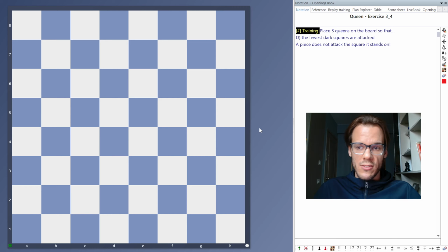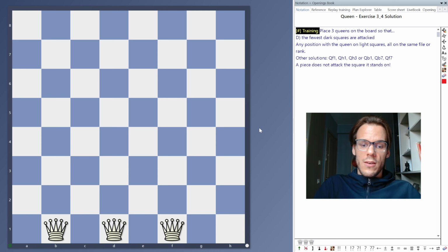In this case, we are going to place the queens on the opposite color. So something like queen b1, queen d1, queen f1. Other solutions are queen f1, queen h1, and queen h3. Or it's even possible to separate them a bit, so something like queen b1, queen b7, and queen f7 also works.